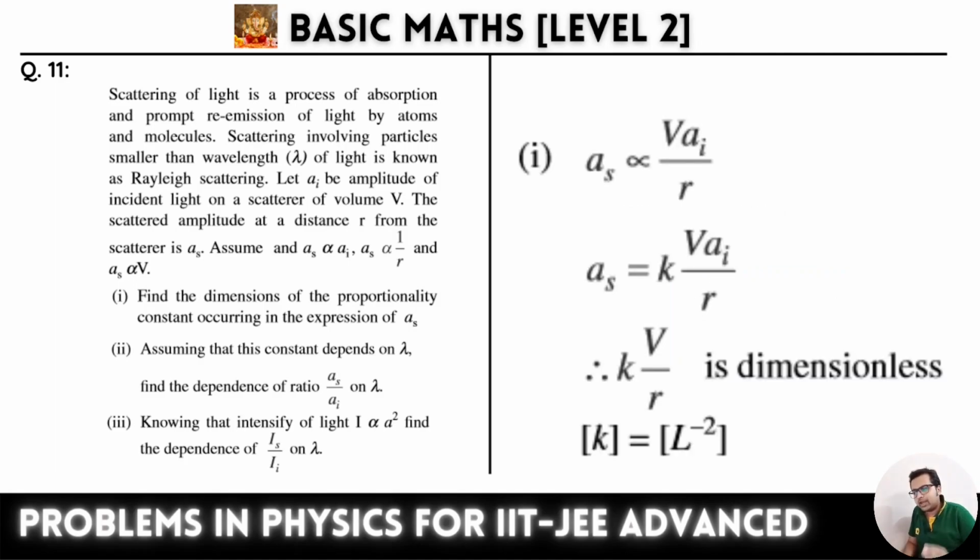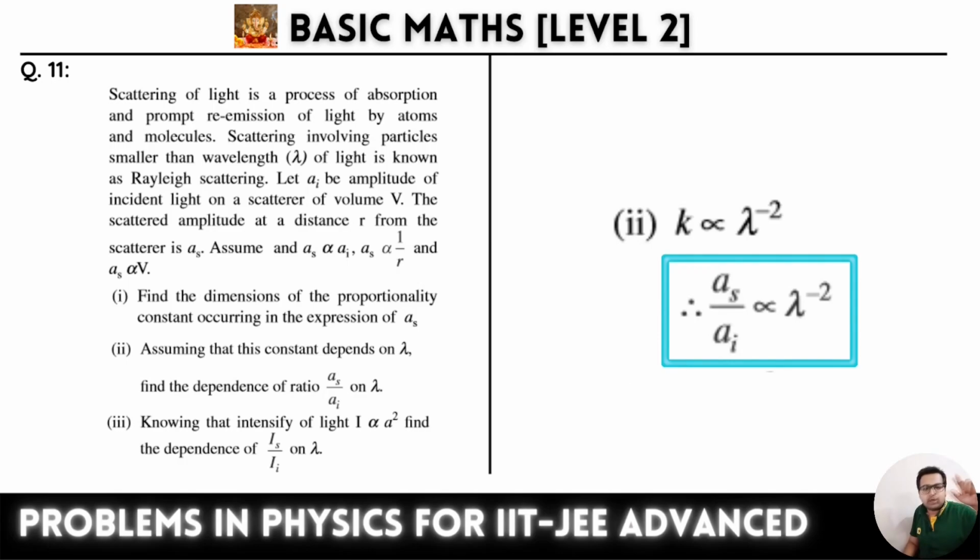So we know that the dimension of k is L to the power of minus 2. Since k depends on lambda, k should be proportional to lambda to the power of minus 2, because wavelength is also a length. So the dimension of wavelength is also L. So we can write k is proportional to lambda to the power of minus 2.